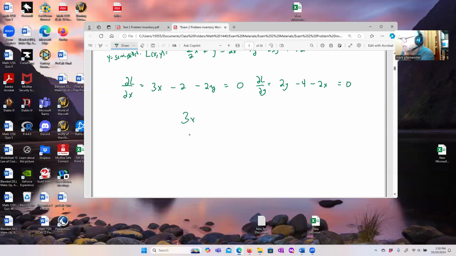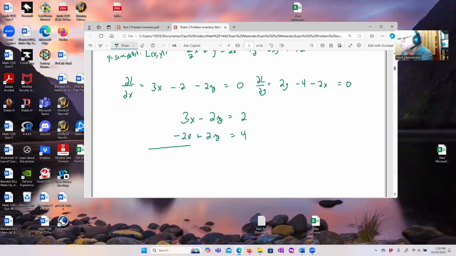We have 3x minus 2y is equal to 2. All I do is move the 2 over to the other side. On the other equation, I've got negative 2x plus 2y equals 4. I just swap the order so that my x is lined up and my y is lined up. We have two equations, two unknowns here.